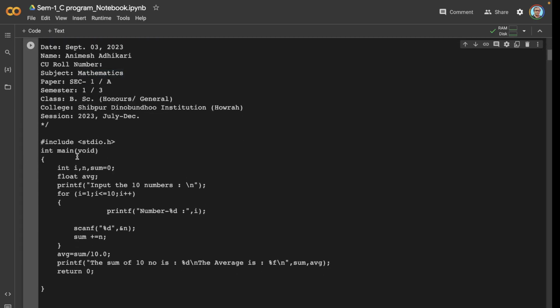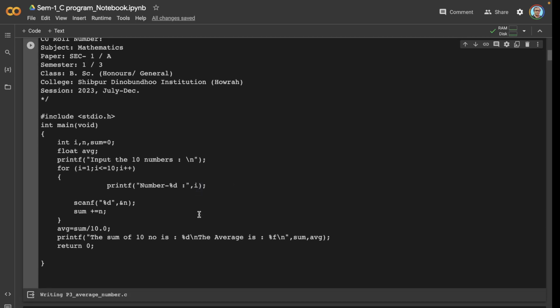So here this problem has include stdio.h, integer i, n, sum equals to 0, average is the floating variable, and this for loop i equal to 1, i less than equal to 10, printf number, input this number and 10 numbers, and sum equals to sum plus n.